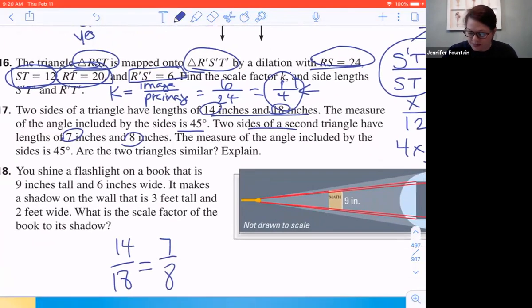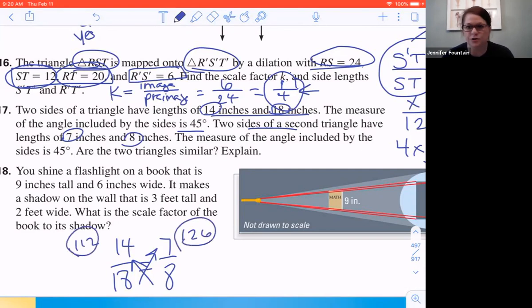So now I test them to see, and when I cross multiply, let's see, 14, grab my calculator real quick. 14 times 8 is equal to 112, and 18 times 7 is 126. So because these 2 numbers, when I cross multiply, do not have the same numbers, then they are not similar.